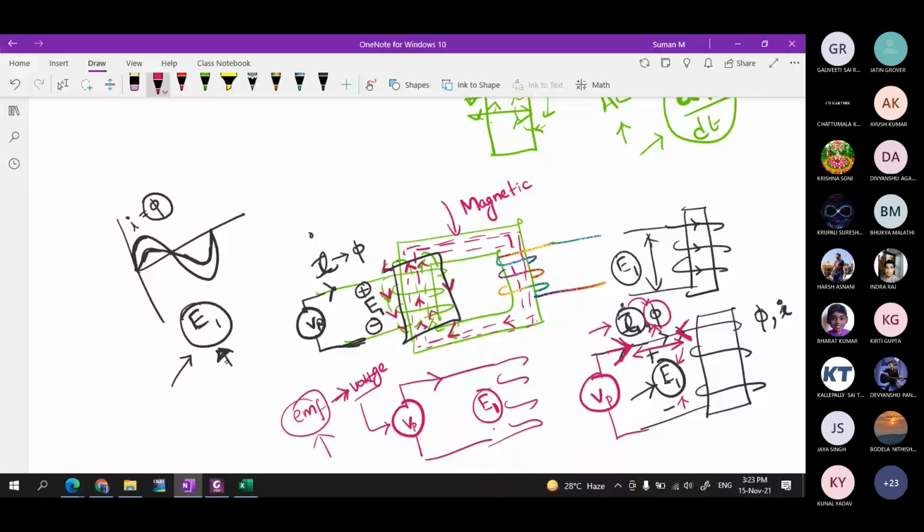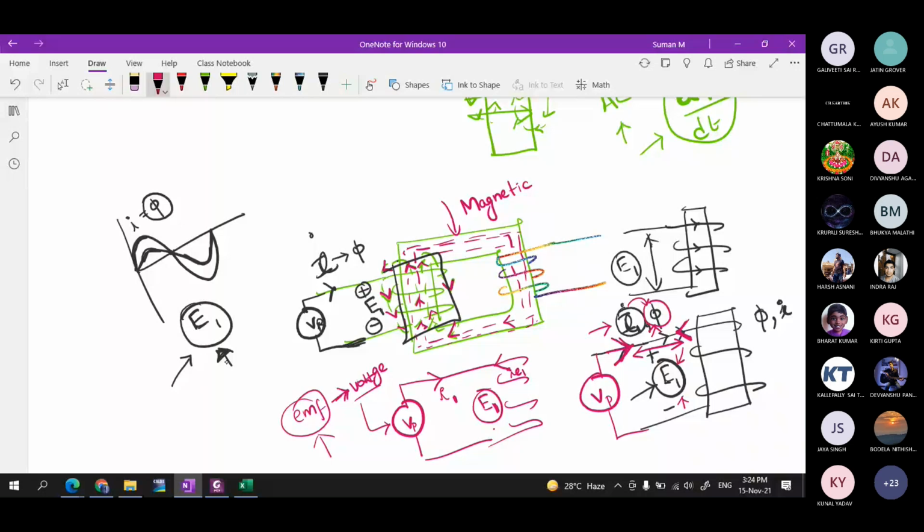What is the cause here? The EMF is induced because of this current. So if you allow this E1 to supply, it will drive current in this fashion, opposite to the current supplied by the source. Both should be opposed. This is given by Lenz's law.